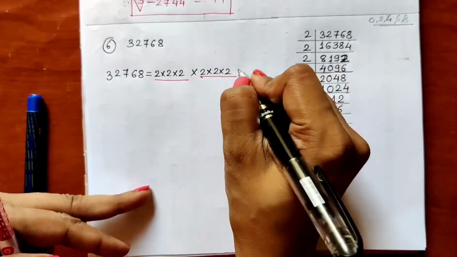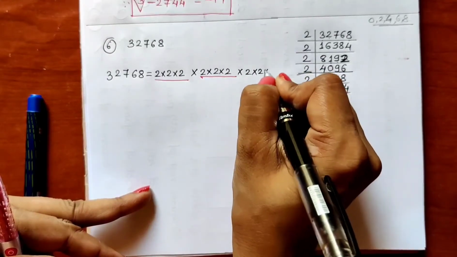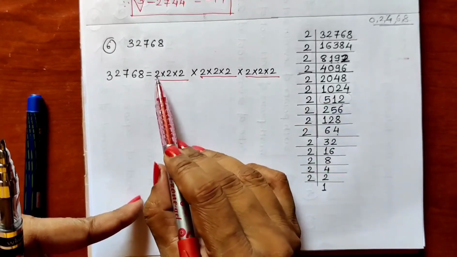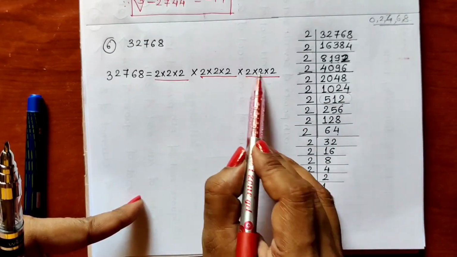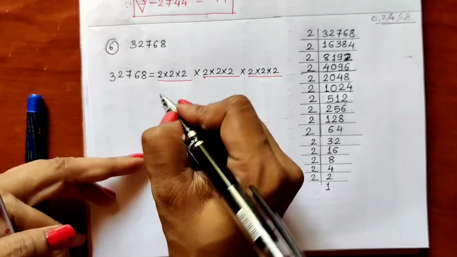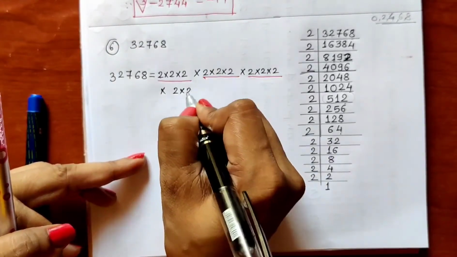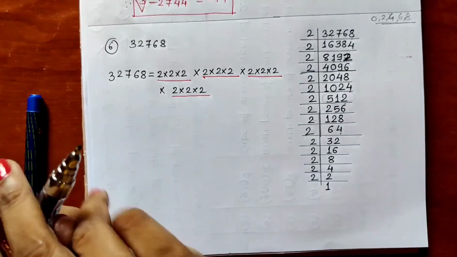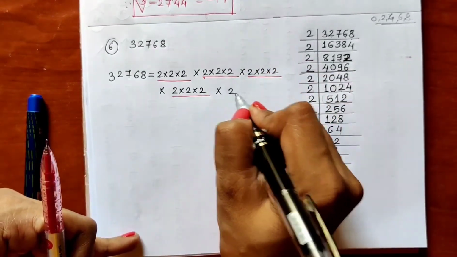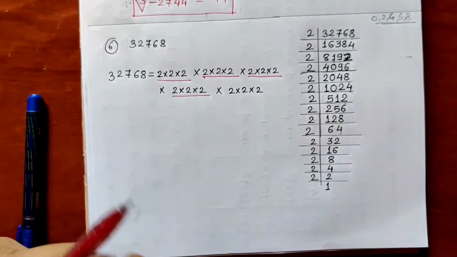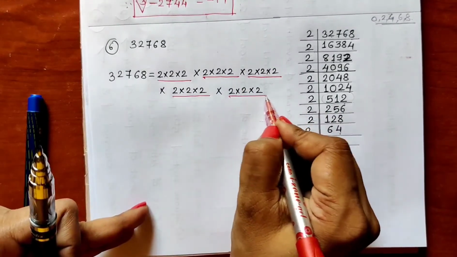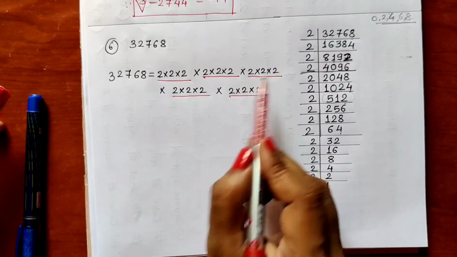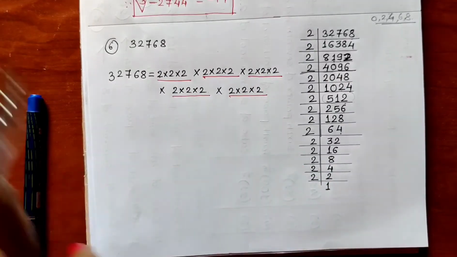Then 2 into 2 into 2, this is third group. Then 2 into 2 into 2, fourth group, and 2 into 2 into 2, this is fifth group. In this way 15 times 2 we have written.